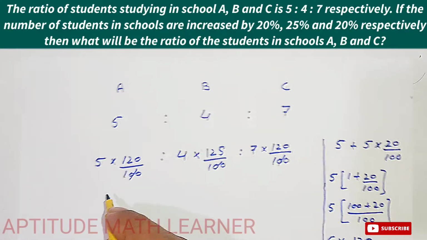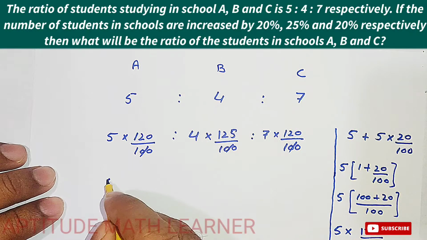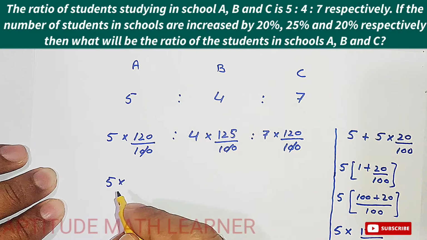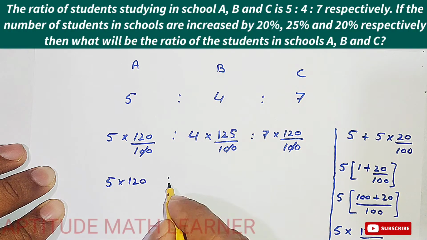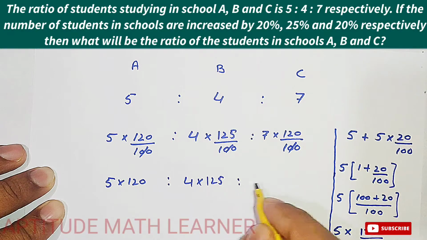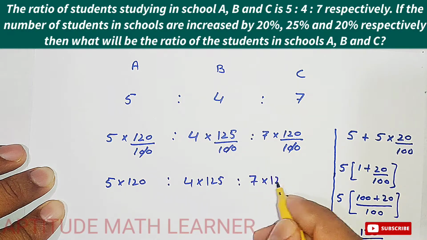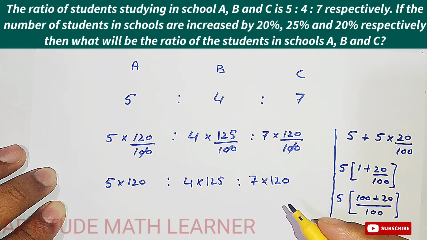So here you can see the question: 5 multiplied by 120, ratio 4 multiplied by 125, ratio 7 multiplied by 120. I hope till here you have completely understood the method.